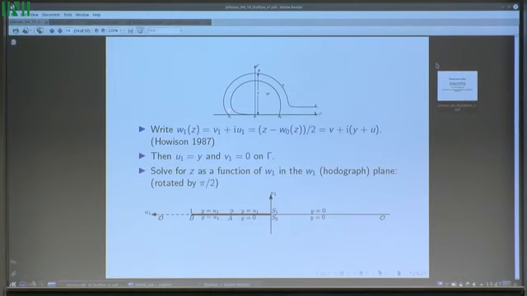Now v1 turns negative, and so we move on to the other side of the plane, and u decreases until it gets to capital A here, and there, let's say that the current has thickness alpha. It jumps over to here, and then it moves along here with y equals 0 to S2, and then y equals 0 back to the origin. So we've mapped this domain D into this cut plane.